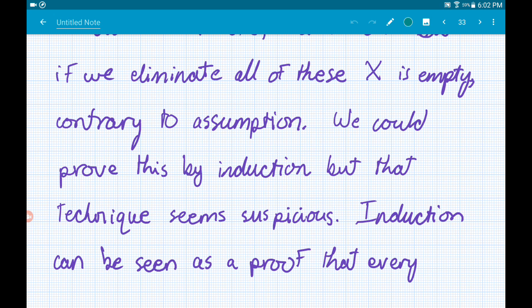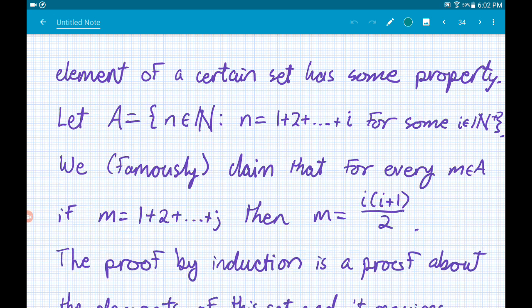Proofs by induction are generally a proof that every element of a certain kind of set has some certain property.